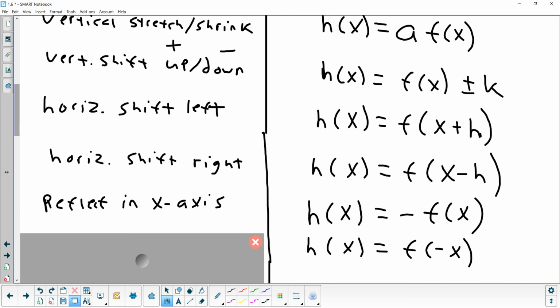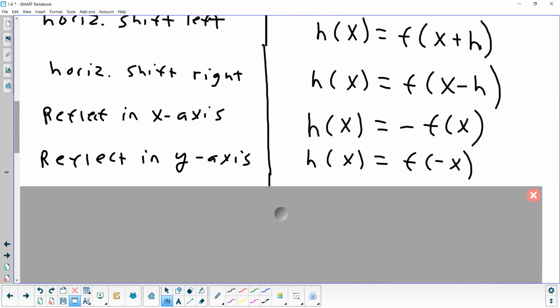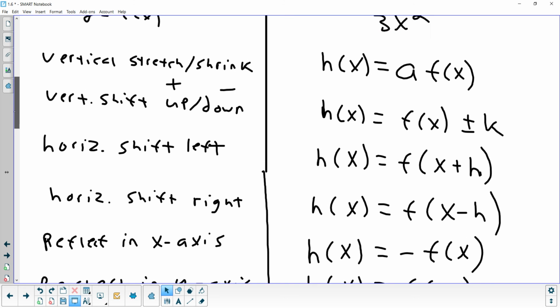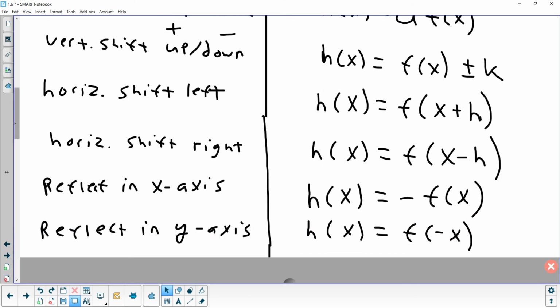That's a reflection over the y-axis. All right. So that's just kind of summarizing all the transformations we learned yesterday. And that's it. So that's 1.6.